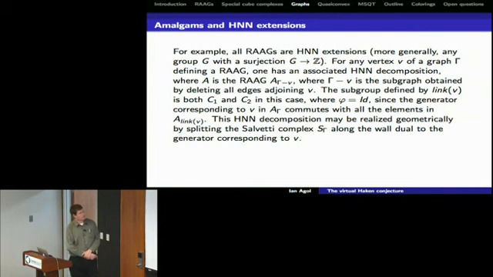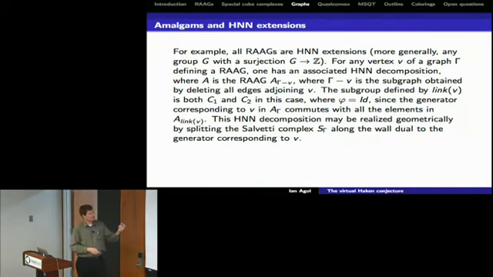For a right-angled Artin group, you have an HNN decomposition where you take any vertex and remove that vertex from the graph, and you take the right-angled Artin group corresponding to the subgraph where you've removed that vertex. And this subgroup will be both C1 and C2 in this case, and the stable letter will just commute with that.